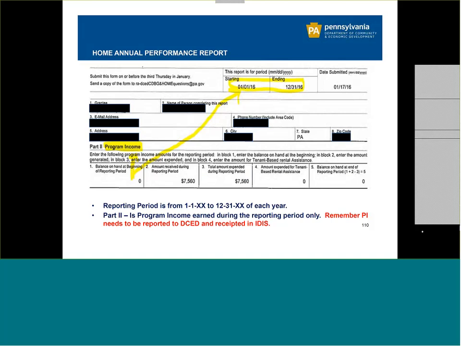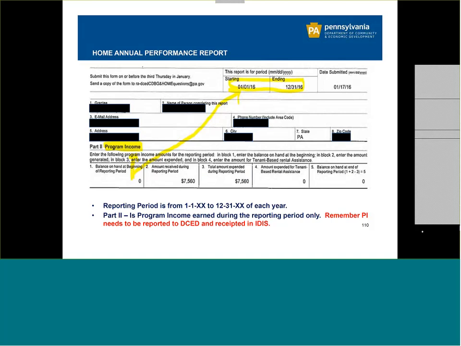Your reporting period for this report is the beginning of January to the end of December each year. In this case, the person did follow, got everything filled in, and then when you go down to Part 2, notice what's highlighted.